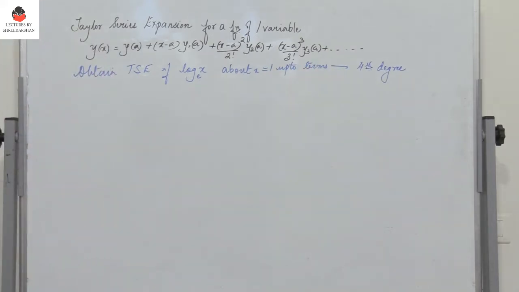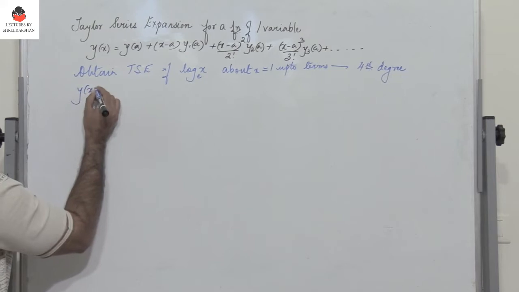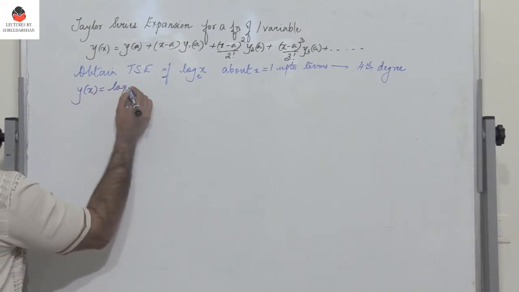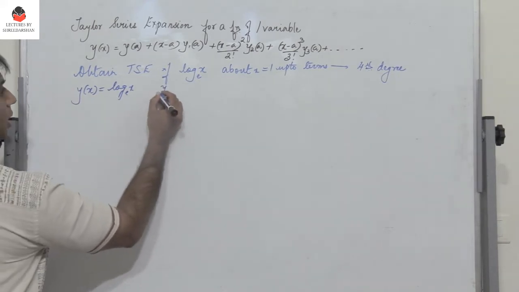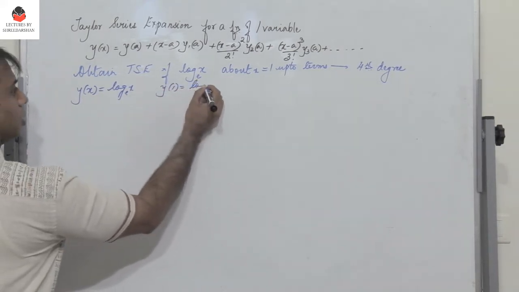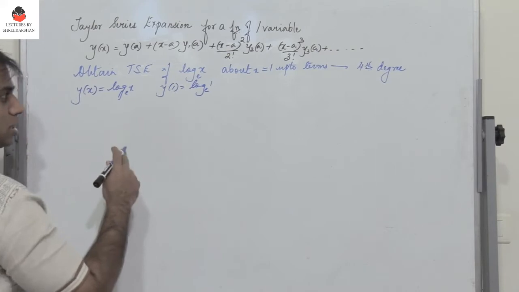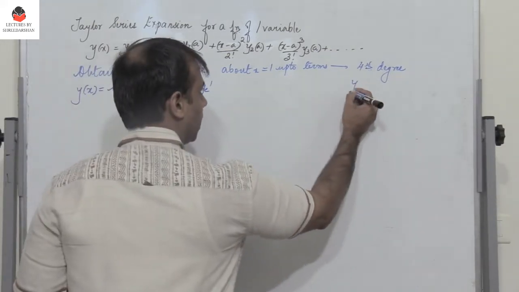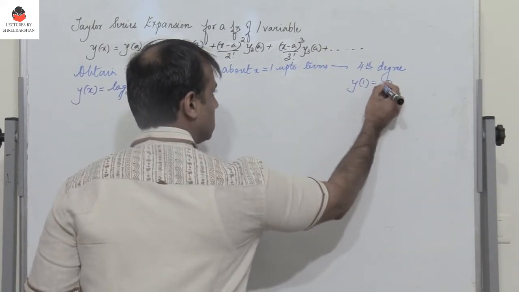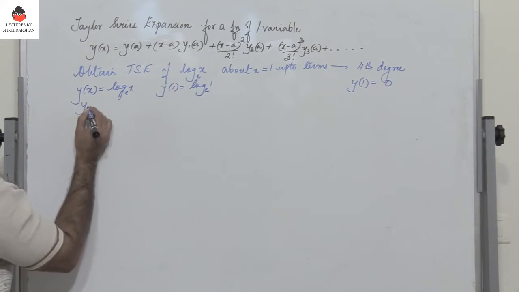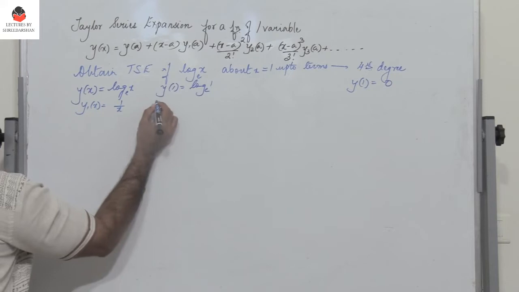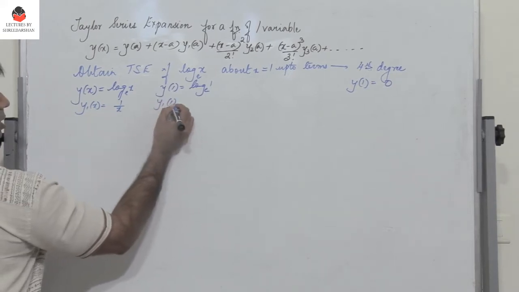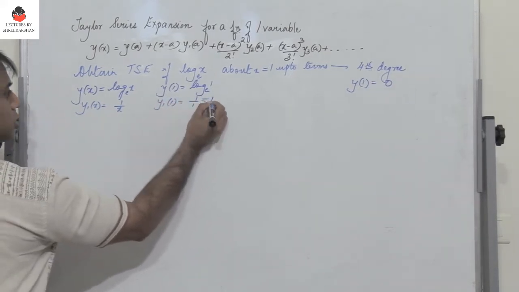So let's begin. Given y of x equals log x to base e, we have to put x equal to 1. So y of 1 equals log 1 to base e, which is 0. Next, what is y1 of x? Differential of log x, which is 1 by x. So y1 of 1 equals 1 by 1, which is 1.